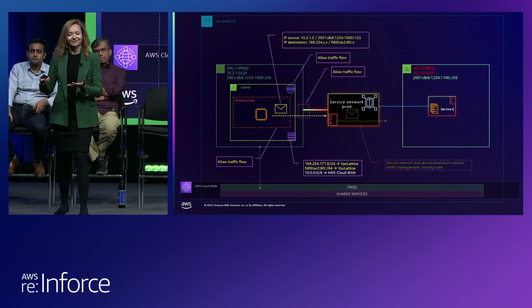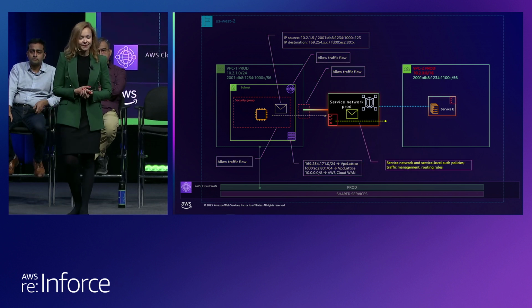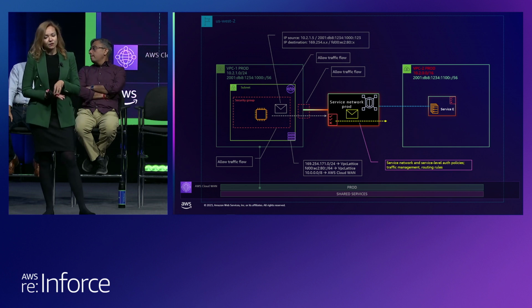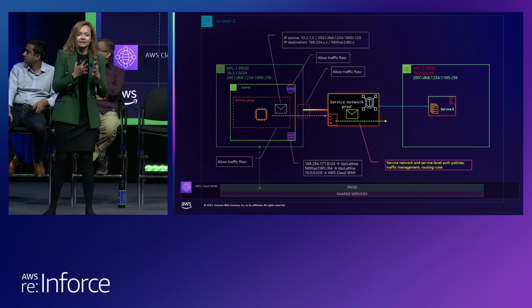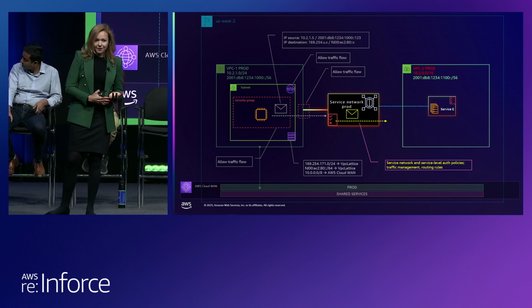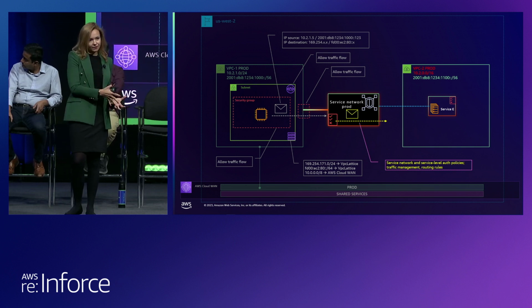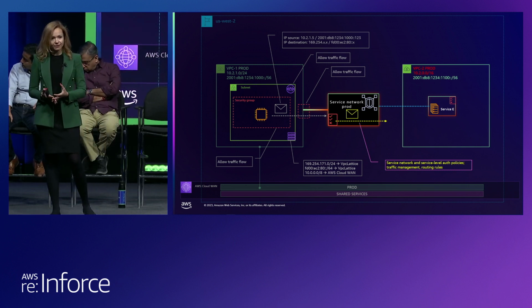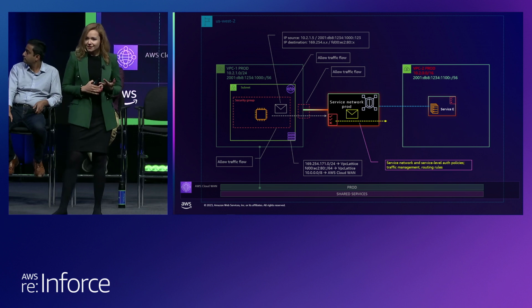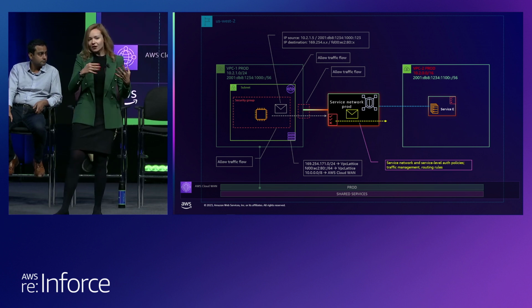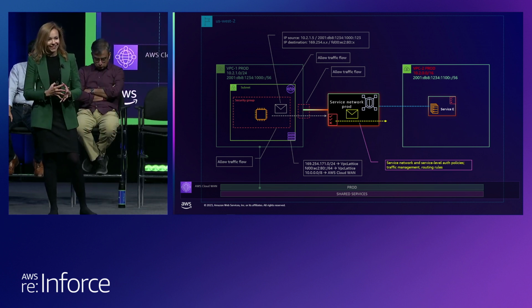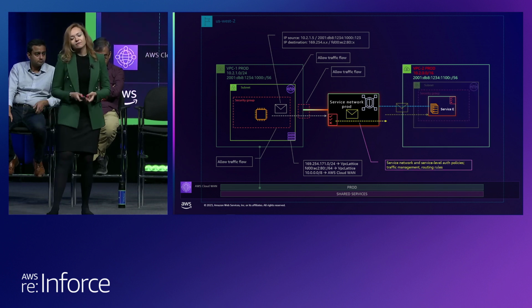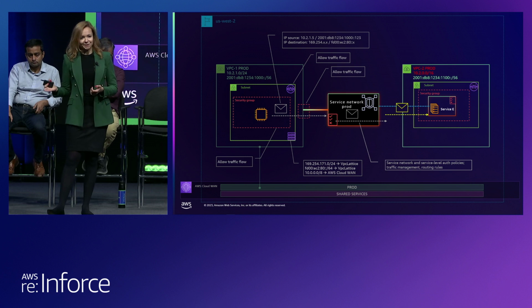And now, the packet got to Lattice. Here in the service network, there are the auth policies that you configured that get applied both at the service network and at the service level. All the traffic routing controls that you've applied, target groups, everything that needs to be there, part of the configuration. And traffic is routed to the destination.